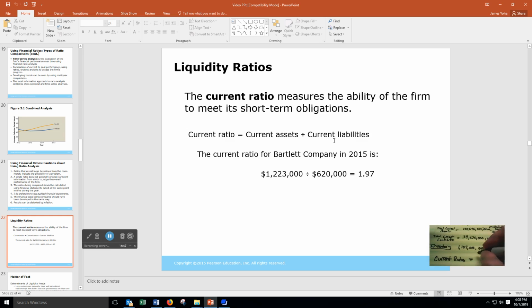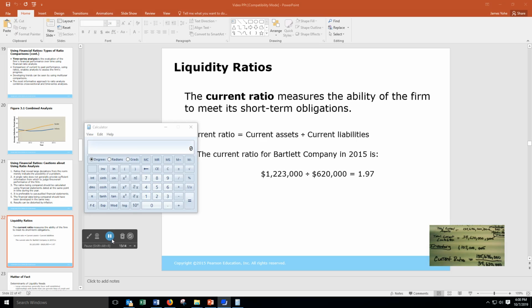We've got current assets on the top. That is $135,676,000,000. Remember, we cut the zeros off because these are reported in thousands. And then we're going to divide by current liabilities. That's 34 billion, $620 million. I'm going to take my calculator out and make that calculation.